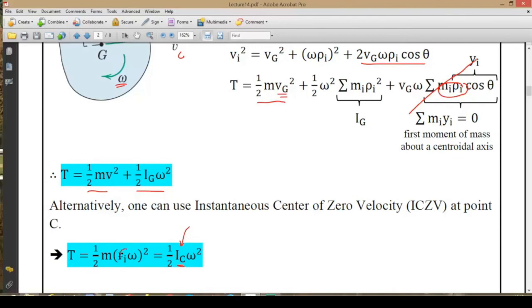And this R_i over here defines the distance to that instantaneous center of zero velocity. There's our rigid body, there's the instantaneous center of zero velocity, and then to each particle you define this R_i. Okay. If you could do such a thing, then you can define still the kinetic energy as a single term for general plane motion.